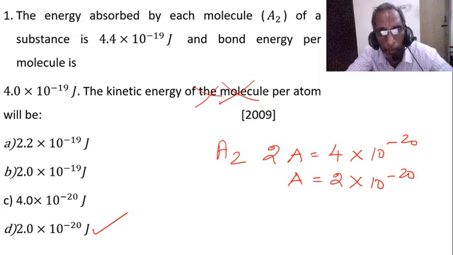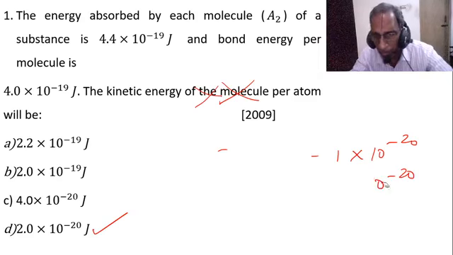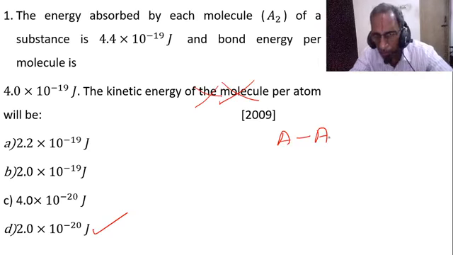So bond energy per molecule is given as 4 into 10 power minus 19 joule. But this molecule, when exposed to light, absorbs 4.4 into 10 power minus 19 joules. So there is one molecule A2. Its bond energy means the energy between the atoms, the covalent bond. We will see the bonding later.